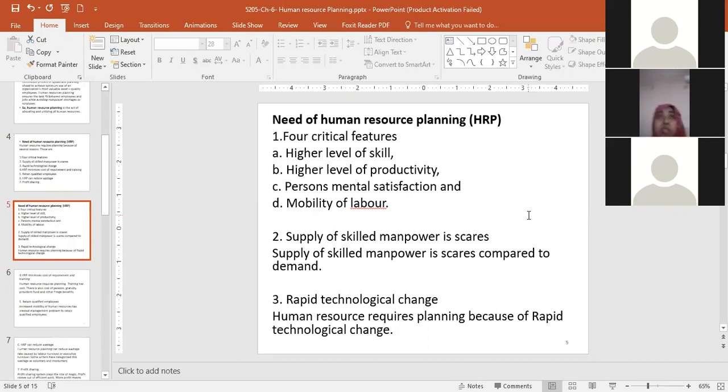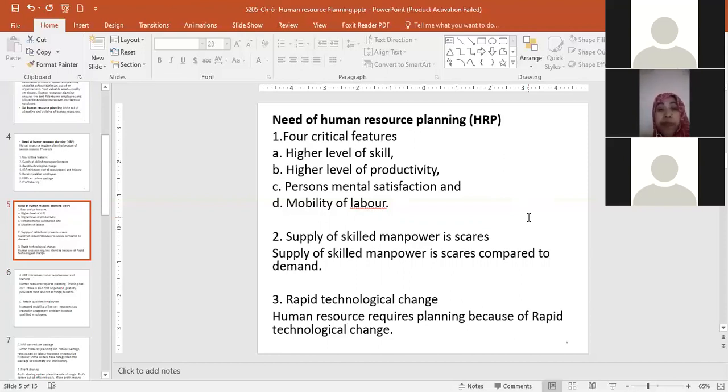So four critical features. What are the four critical features? One is higher level of skill, two is higher level of productivity, and number three is person's mental satisfaction and mobility of labor.